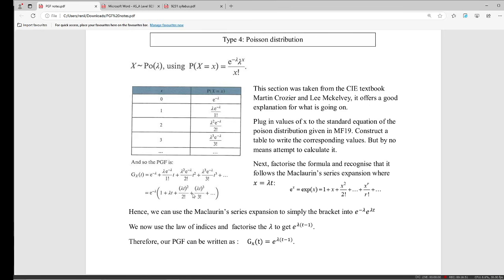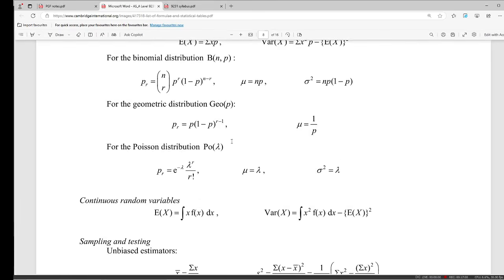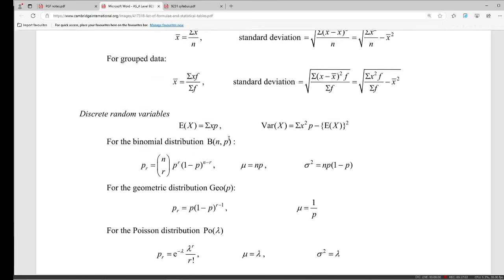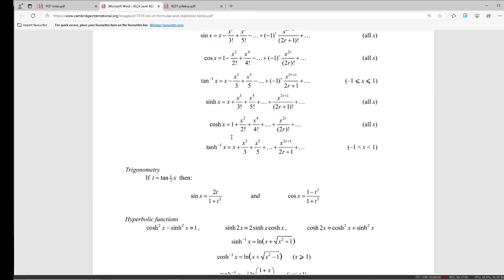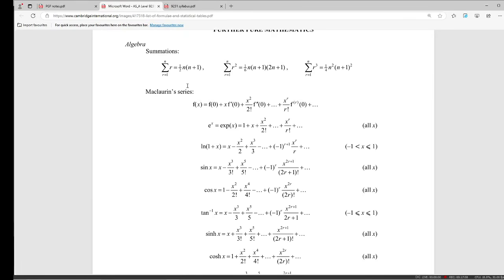Now it is paramount to understand that this is a Maclaurin series, and if you can see over here from the list of MF19, if you don't believe me, it's shown in further pure math, I think. Yeah, the Maclaurin series, if you look over here very carefully, you can see 1 plus x plus x squared by 2 factorial and so on.